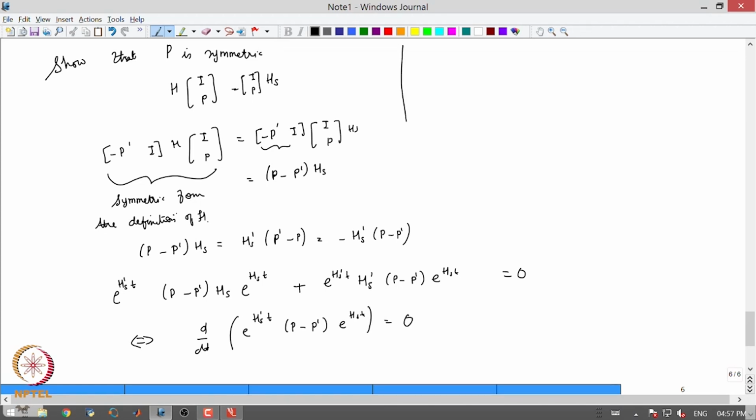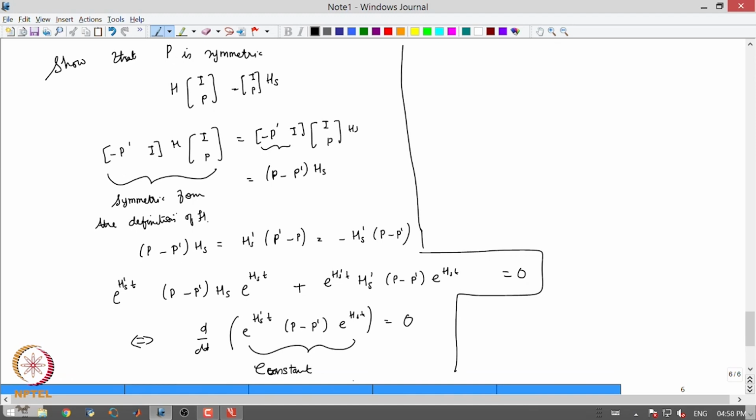Similar proofs we also did while proving stability, so we'll use the same concepts here. Now, what does this tell me? That d by dt of this term is 0, that this term inside is a constant.